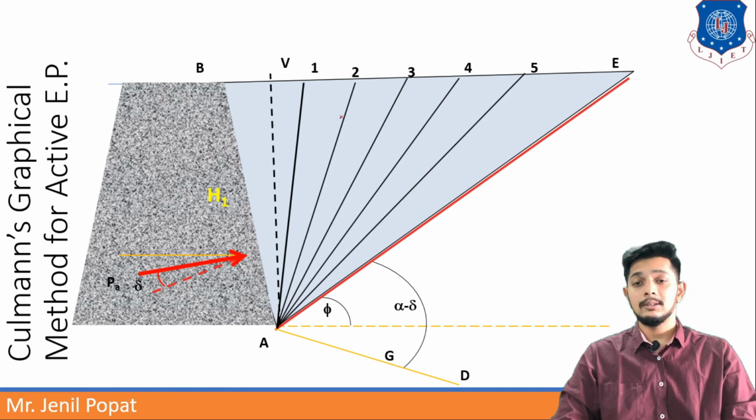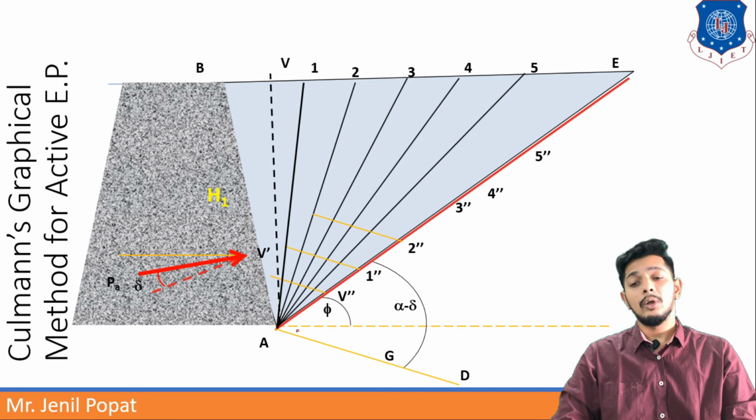After drawing this, I will draw a line cutting A1, and the line should be parallel to the psi line. So this yellow line, I am drawing that. After cutting A1, I will draw a similar parallel line to A2, and this will look like this.